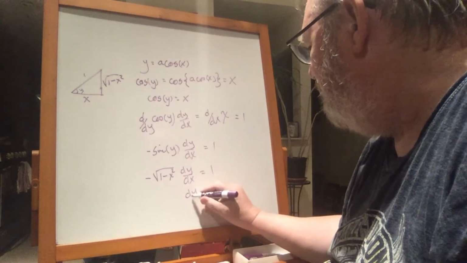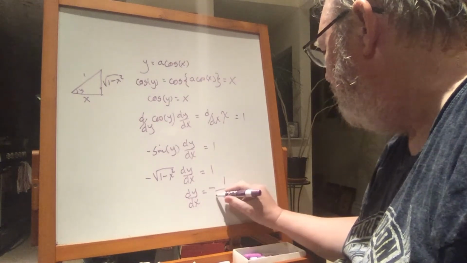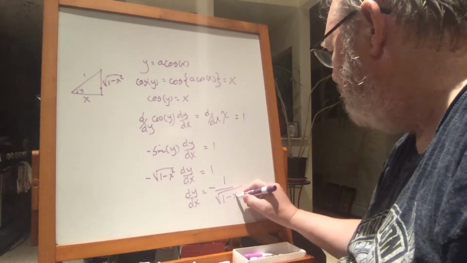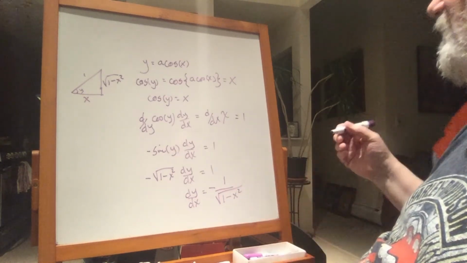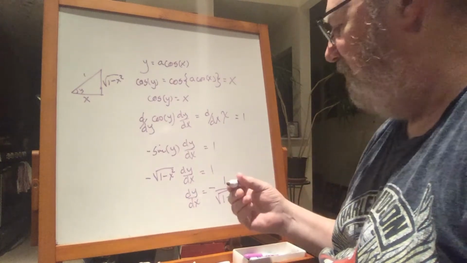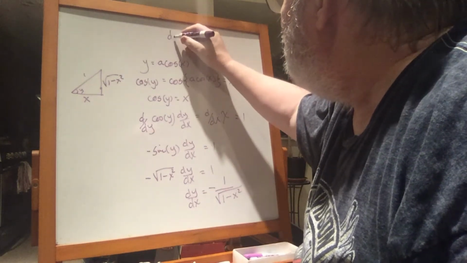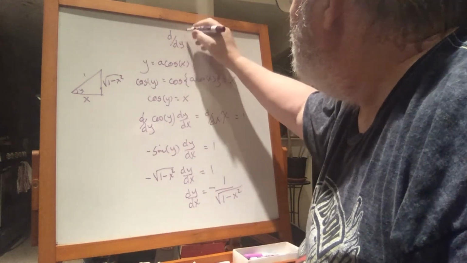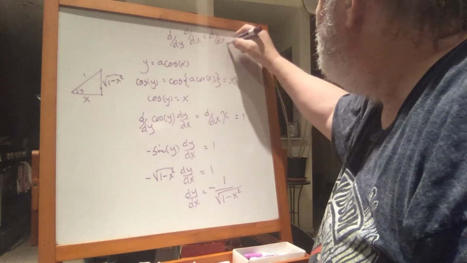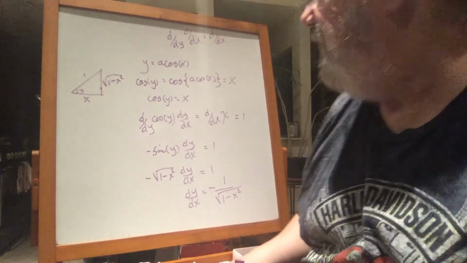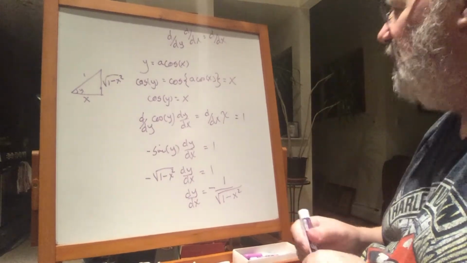And dy dx is the negative 1 over the square root of 1 minus x squared. And that's it for our arcsines and arccosines. We're applying dy dx equals d dx. That's the chain rule. And so that's pretty cool, pretty neat stuff.